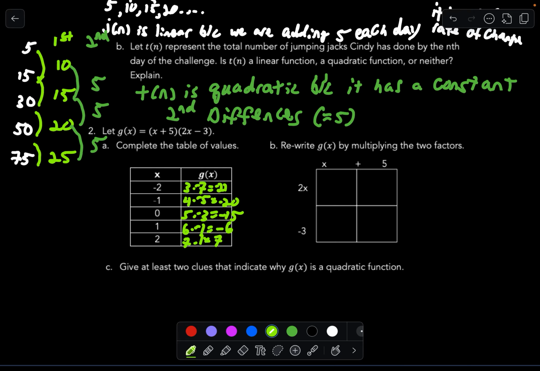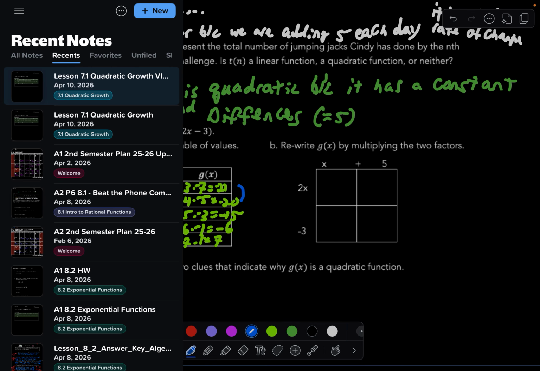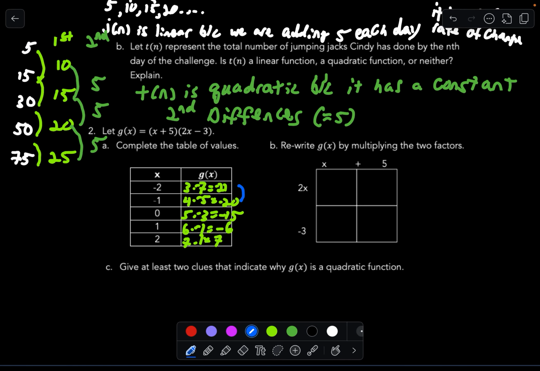If you look at these, the common difference: you go from negative 21 to negative 20, we're adding 1. Negative 20 to negative 15, we are adding 5. Negative 15 to negative 6, we are adding 9. And negative 6 to 7, we are adding 13.